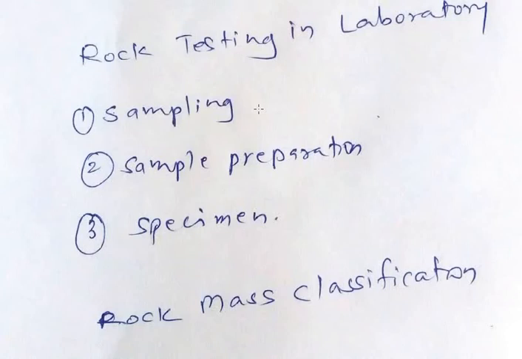To ensure proper sample, some points must be kept in mind. First point to be kept in mind is lithological studies, mineral composition, nature of cementing material as far as the sediment rocks are concerned, and texture.